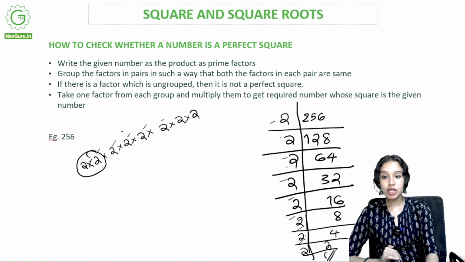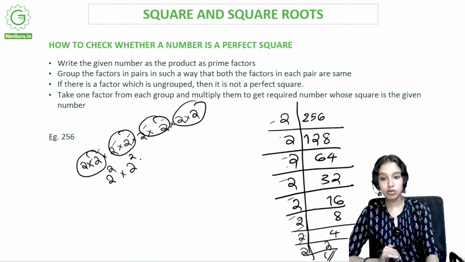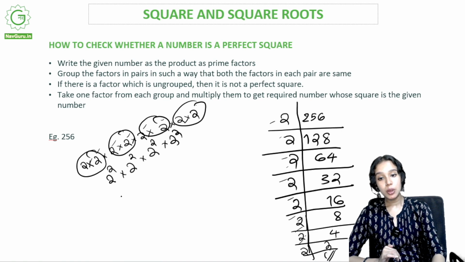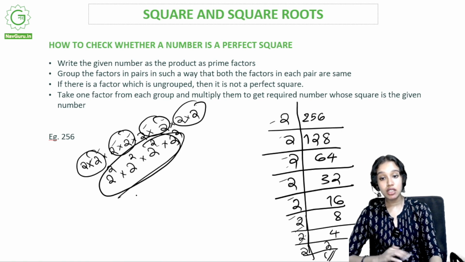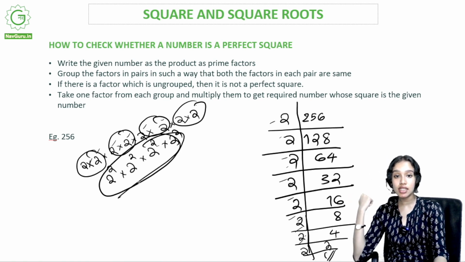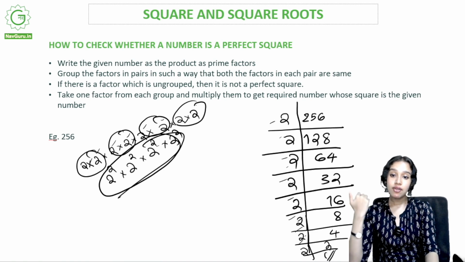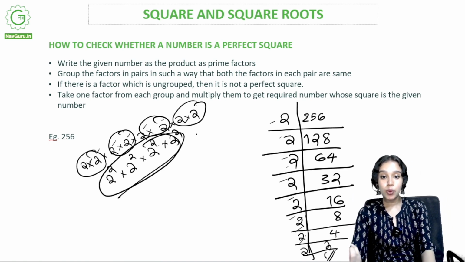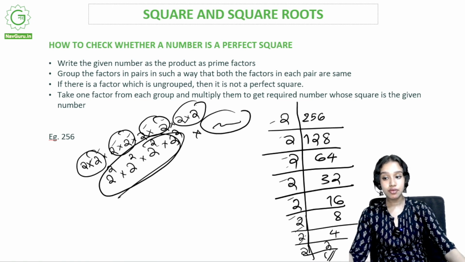Now we group them as pairs. So 2 raised to 2 into 2 raised to 2 into 2 raised to 2 into 2 raised to 2. We could see them as pairs, so we could call it a perfect square. If it's not a perfect square, we'll have a number hanging around here without a pair.